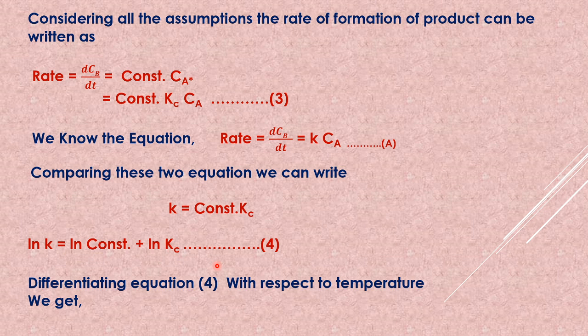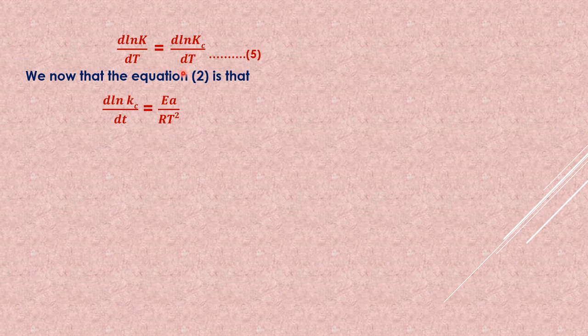Differentiating this equation 4 with respect to temperature, we get the new equation, that is d ln of k divided by dt equals d ln of Kc divided by dt. In equation 5, we already know from equation 2 that d ln of Kc divided by dt equals Ea upon RT square.